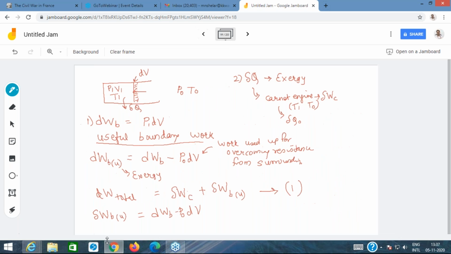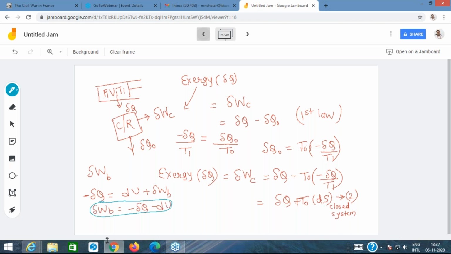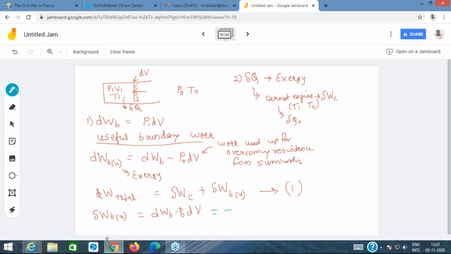It becomes minus del Q minus du, this is for the boundary work, minus P naught dV. Let us call this expression 3.